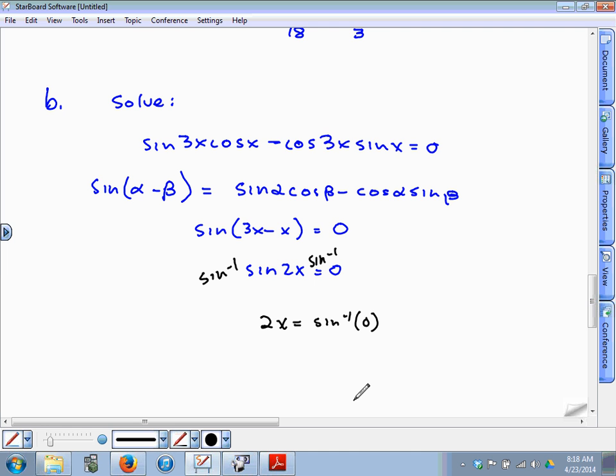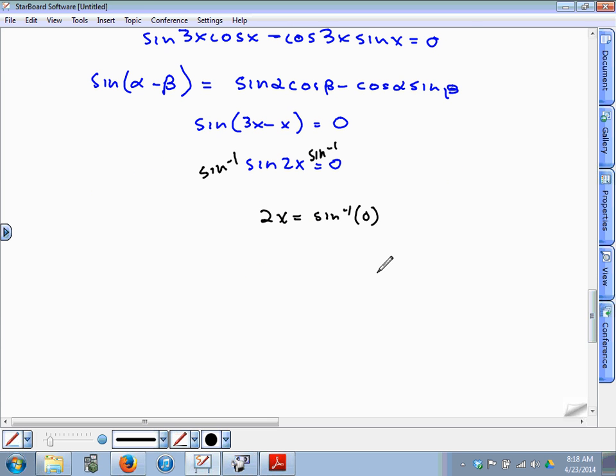You got to think where on the unit circle do you have a y value of 0? Y value of 0 means you're on the x-axis. So you're on the x-axis. Yes, but you're missing one.